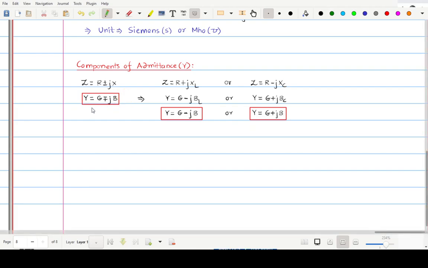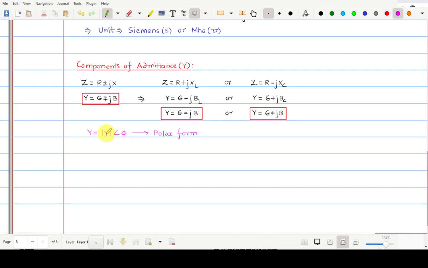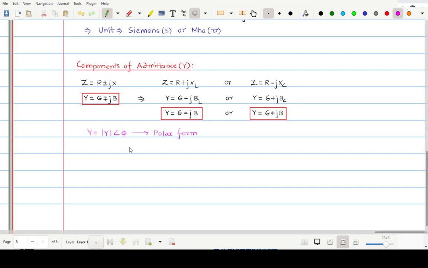We can also represent admittance in polar form. So it will be like this. So this is polar representation of admittance. Polar form consists of magnitude and phase angle. So we will write the formula for magnitude. What is magnitude? It is equal to the square root of the real part squared plus the imaginary part squared.